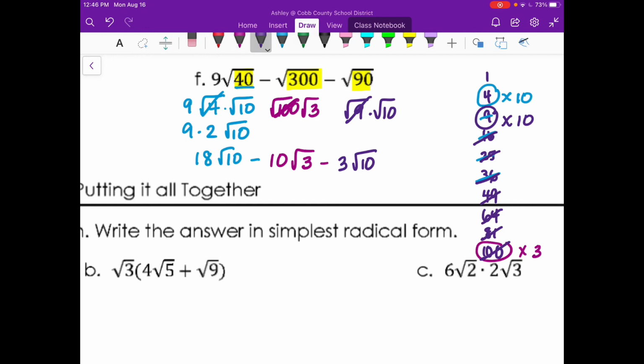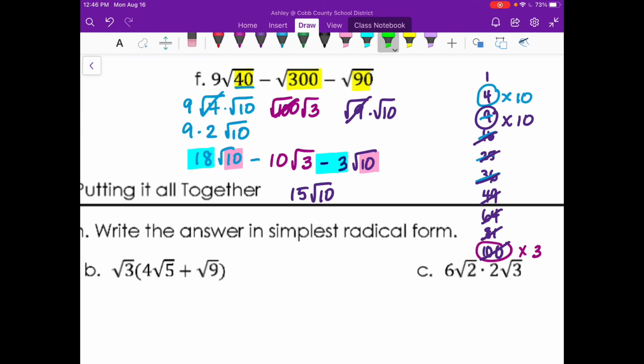Now I have 3 radical expressions. We're subtracting. 2 of them have like radicands, so those are the ones that I'm able to combine. So I'm going to subtract their coefficients. 18 minus 3 is 15 radical 10. Remember that you keep the matching radical with your answer.